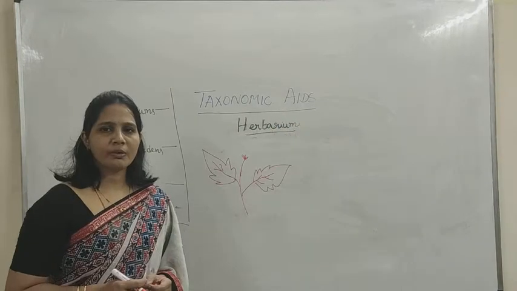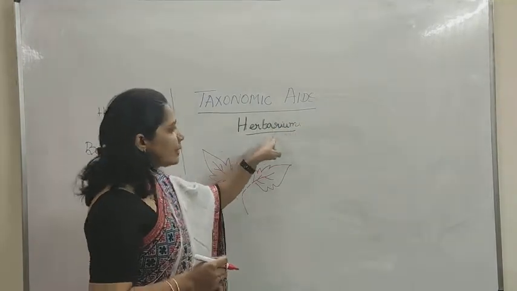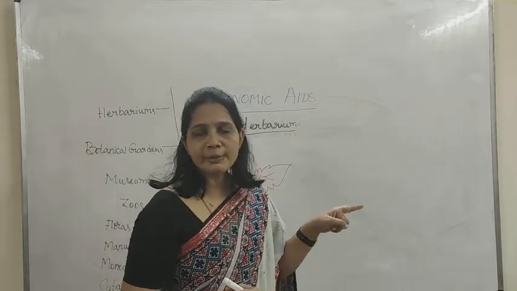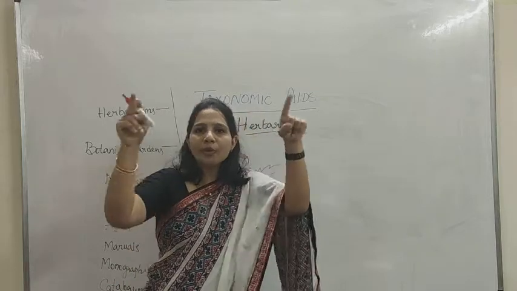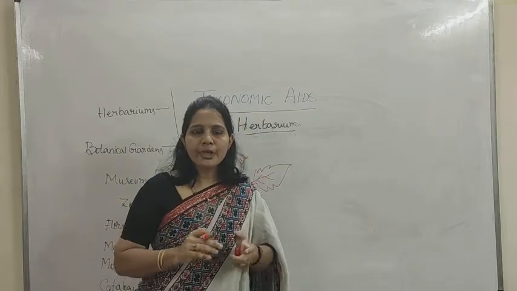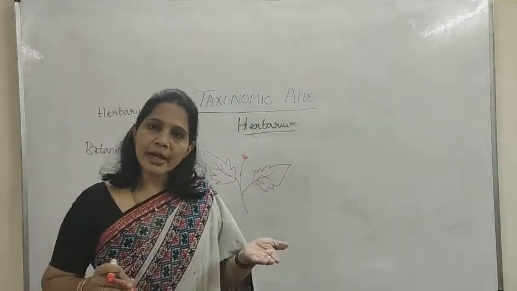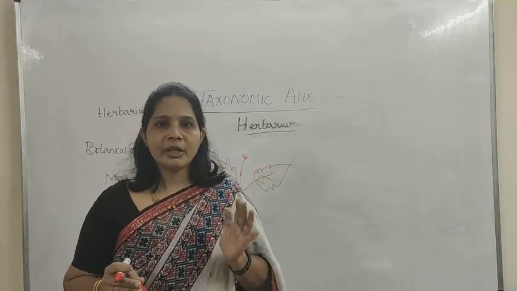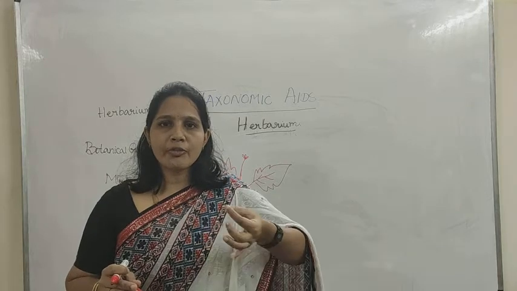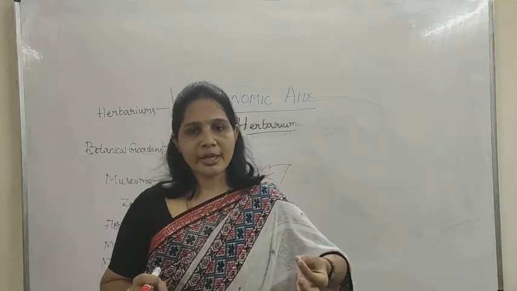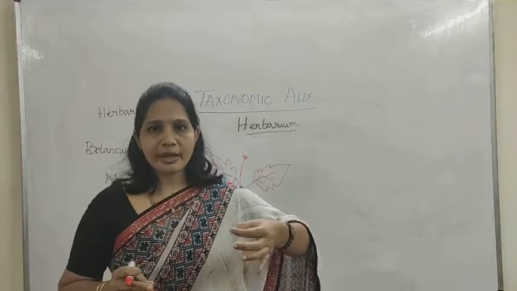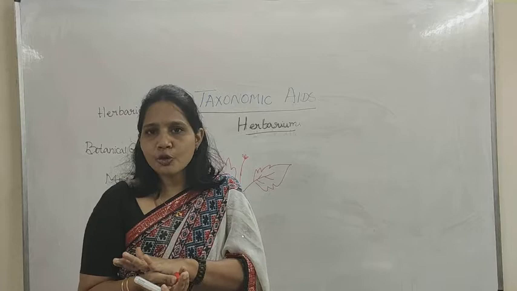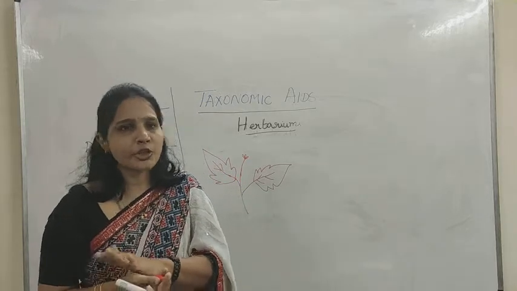Herbariums. So, first of all, coming to the herbarium. What is herbarium? Herbarium is a sheet of paper on which a dried specimen of a plant or a twig is glued to it. That means it is stuck to it. Initially, the twig of a plant with its floral characters and all is taken, pressed, dried, and then the information is stored. So what type of information is stored in this?